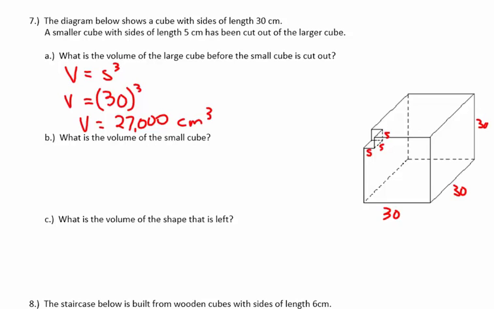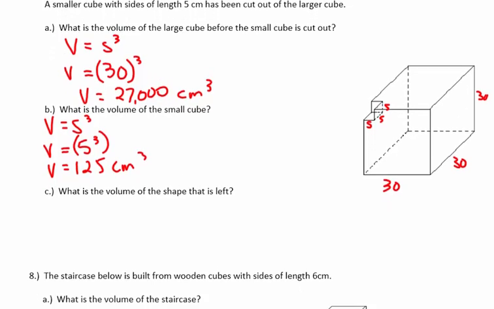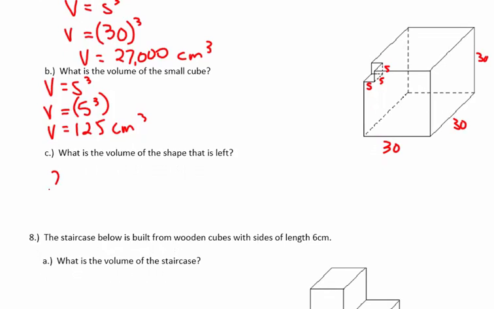So this is like if nothing was missing. The volume of the small cube that's taken out, I find that, is 5 cubed, which is 125 centimeters cubed. So the volume of the shape that's left over is 27,000, the big one, minus 125 that I took out of there.